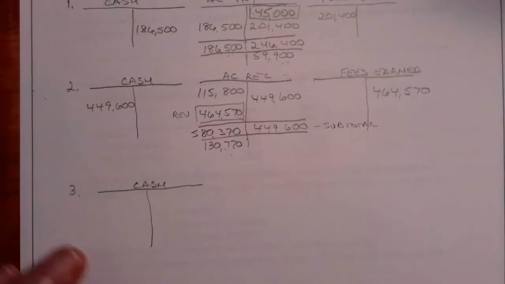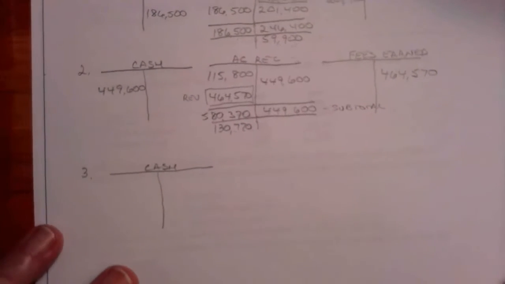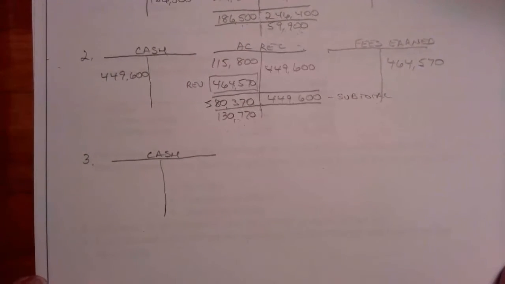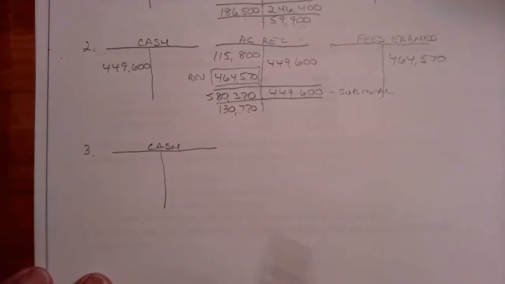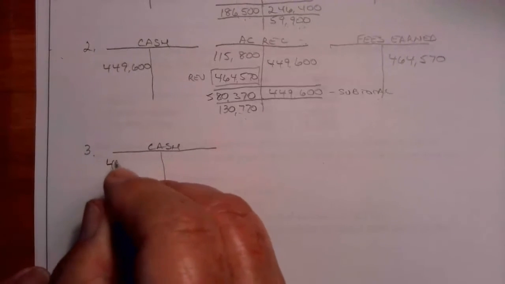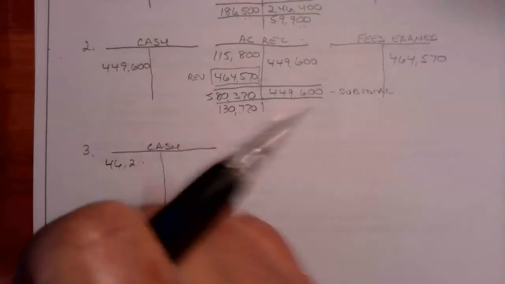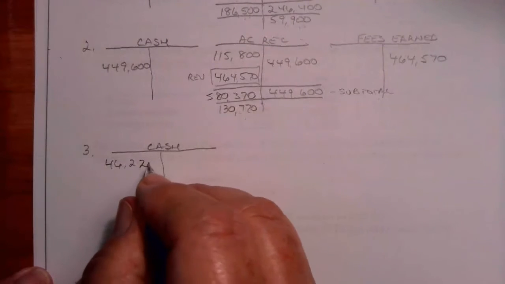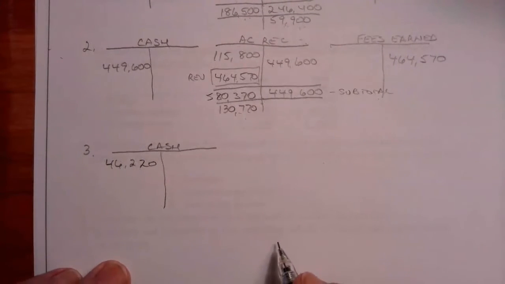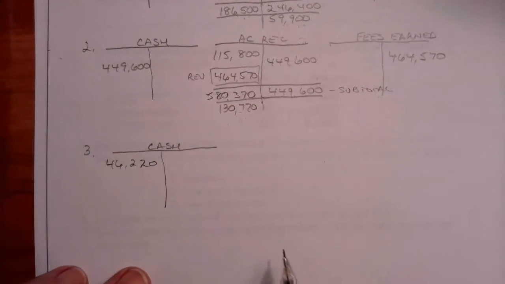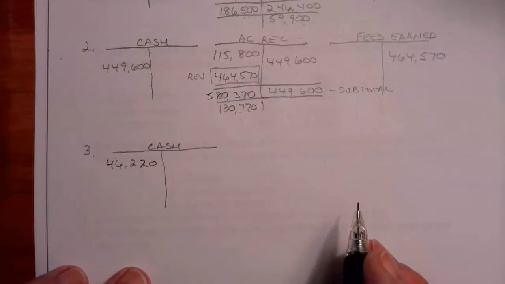All right, we're almost there. On April 1st, the cash account balance was 46,220. This is the last one. 46,220 is my beginning balance. During April, cash receipts totaled 248,600.